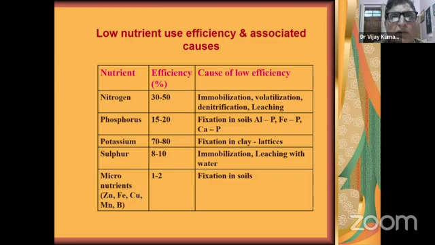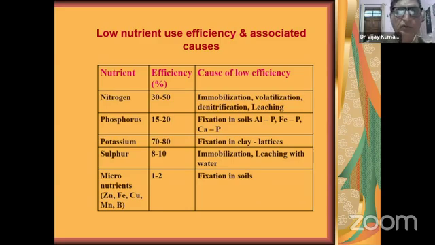It should be added either in the evening or in the morning, when there is less heat and the soil has sufficient moisture, so the efficiency will improve. These things have to be kept in mind while choosing the method of application of fertilizer.